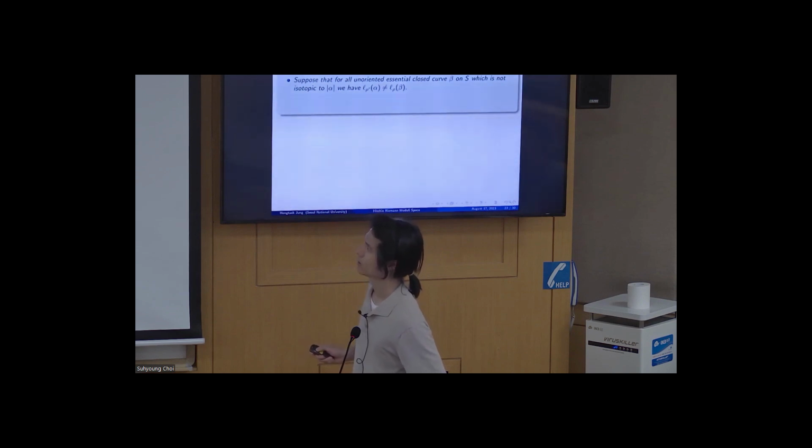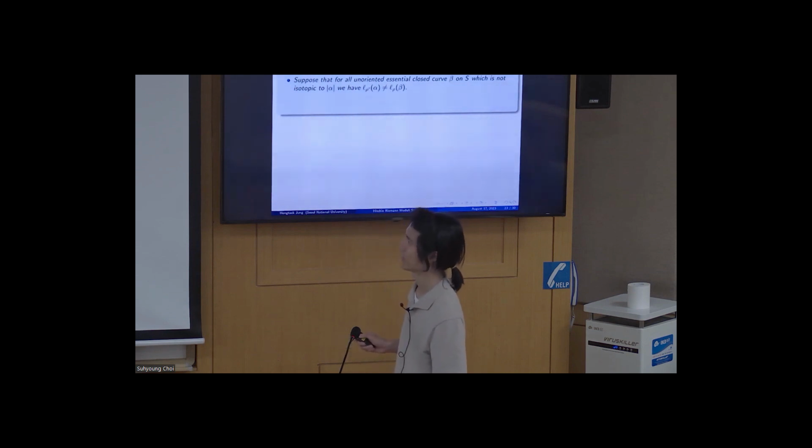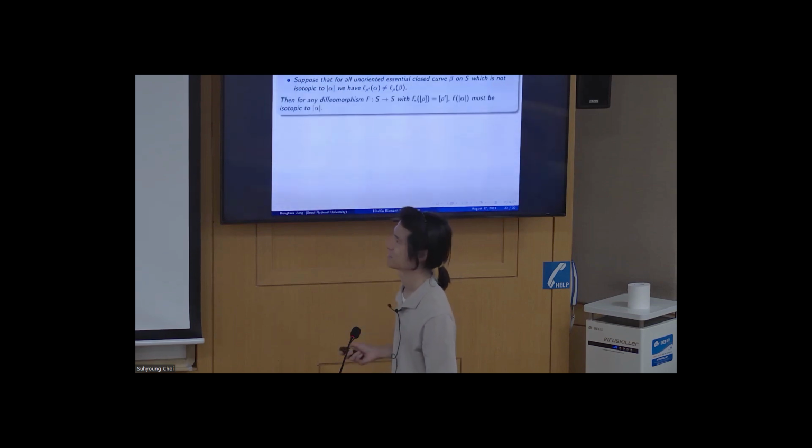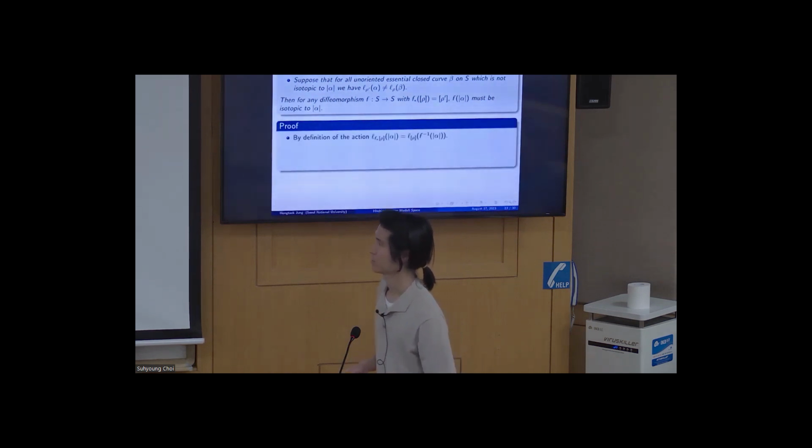Suppose that for all unoriented essential simple closed curves beta on S which are not isotopic to alpha, they have a different kind of length, a discrepancy. Then for every diffeomorphism that maps Hitchin representation rho to rho prime, f of alpha must be isotopic to alpha itself. The proof is simple.